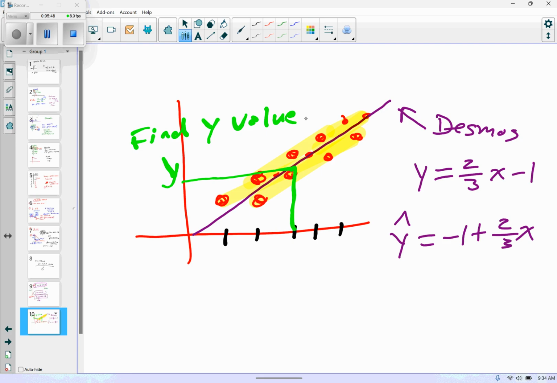Because it happens inside your data, this is called interpolation. Interpolation is actually the only acceptable way of using data to make predictions.